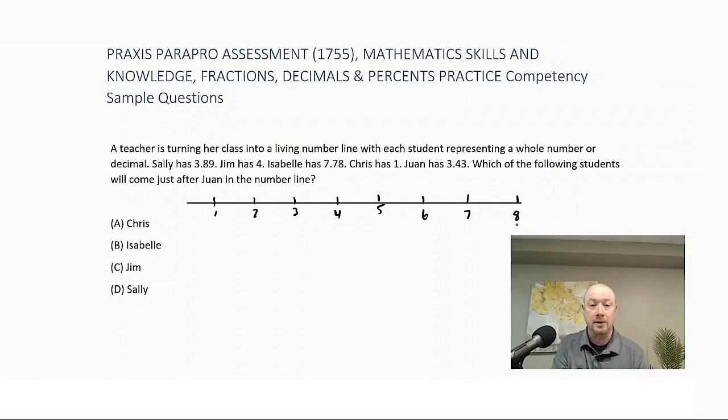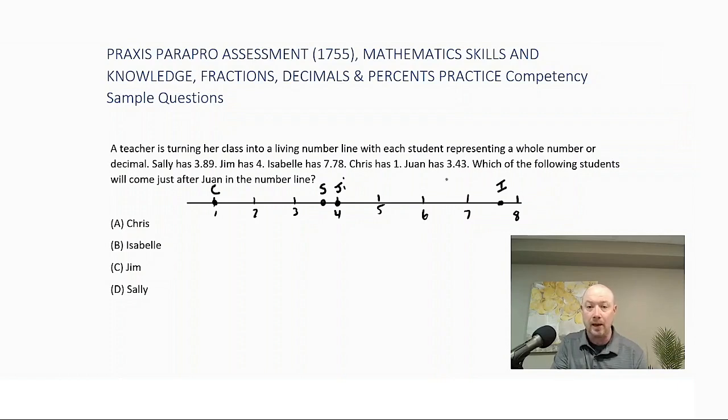It says Sally has 3.89, so we're going to put Sally here. Jim is at 4. We're going to put Jim here, and I'm going to use JI to represent Jim. Isabel is at 7.78, so Isabel would be around this location. Chris has 1, so we're going to put Chris here.